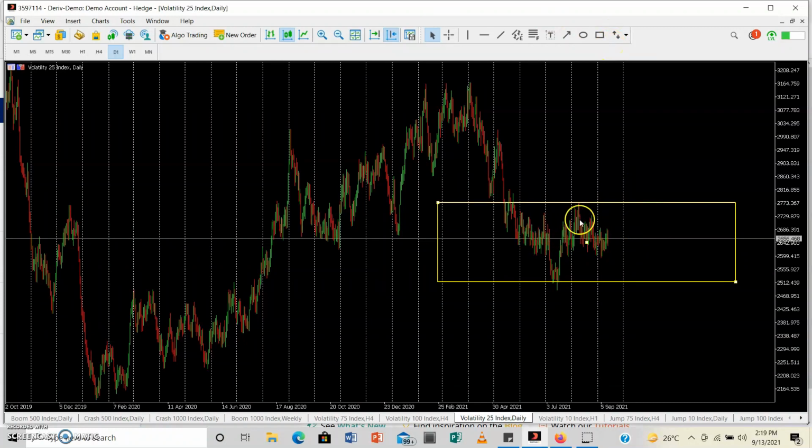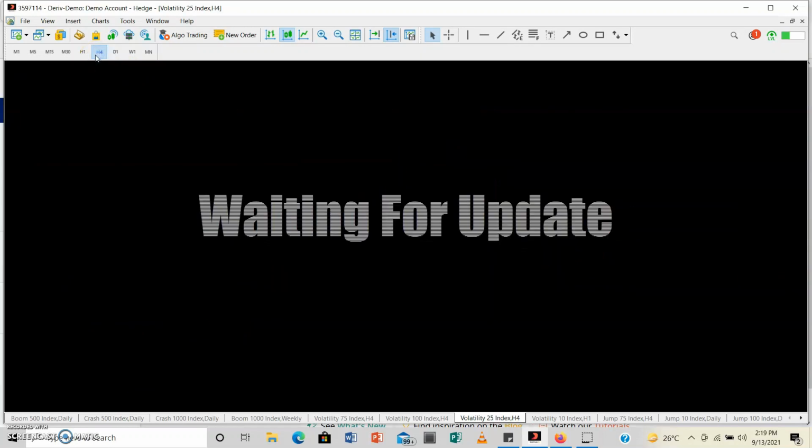You can see the type of candlesticks that we have. It's alternating bearish and bullish of almost the same size, showing that there's so much consolidation. So currently I would not advise you to take some major trades here, but for scalping's sake we're going to move down to a smaller time frame and see what we can come up with.